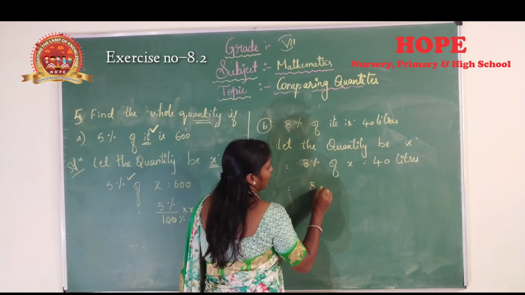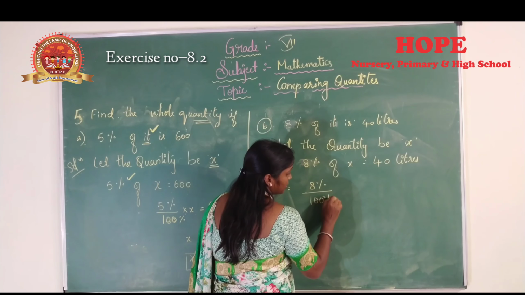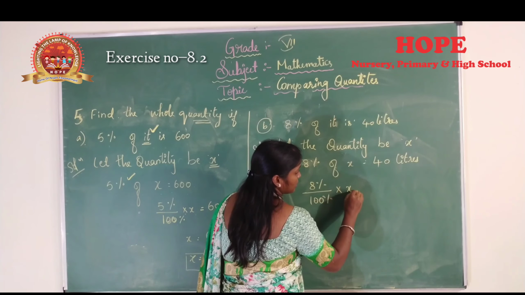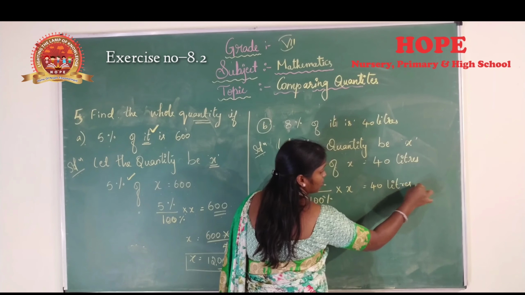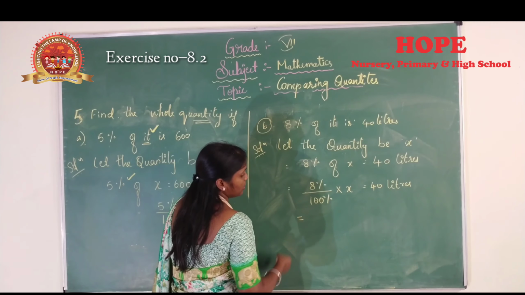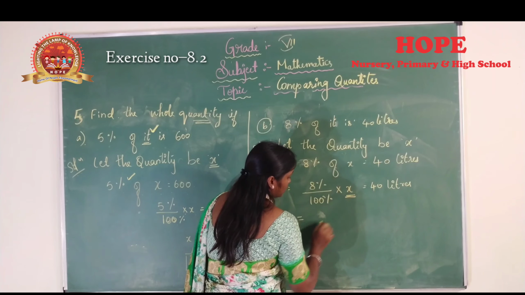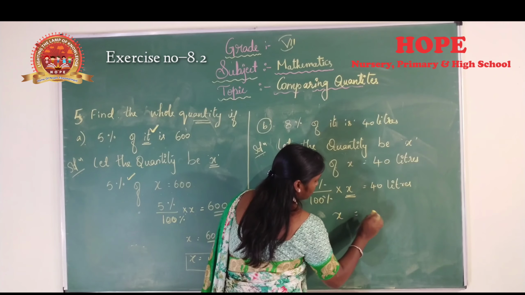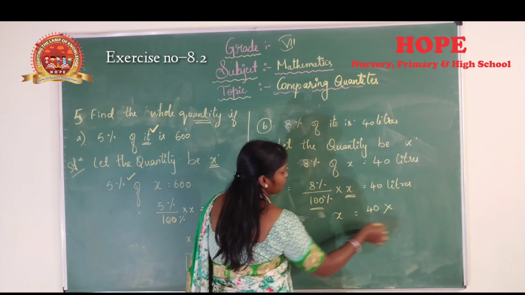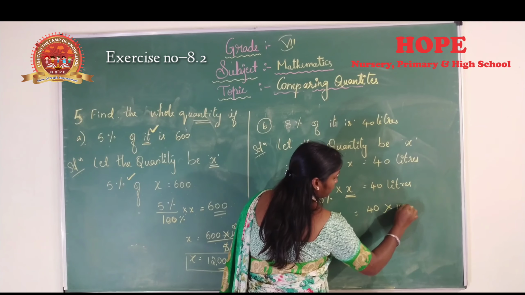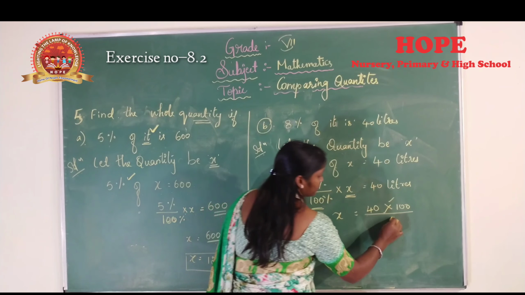So 8% divided by 100 into x will be equal to 40 liters. The next step is to find the value of x. So x is equal to 40 into 100 divided by 8.